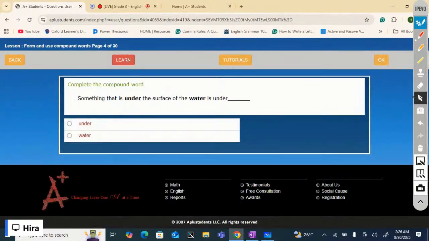Something that is under the surface of the water is under, option 1 or option 2.